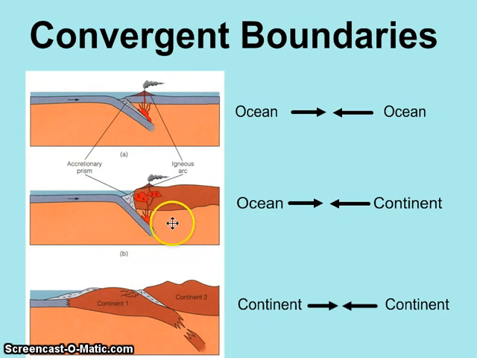And when that happens, that actually makes the crust melt and you have magma formed. That magma will rise up to the surface and it will actually end up creating a volcano. When we talk about the ring of fire in a little bit, what's happening here is we have a lot of oceanic crust going underneath continental, and this creates volcanoes. The last form you can have is a continental and continental crusts meeting each other, and when this happens, we have mountains that are formed.